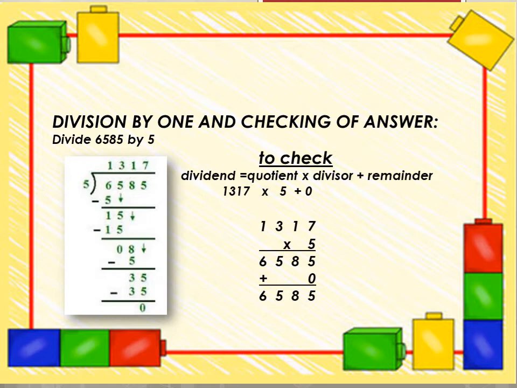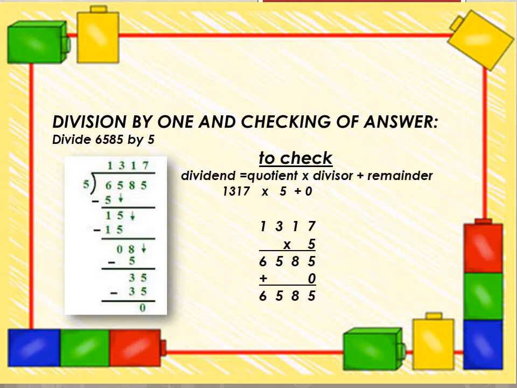During online classes, children, you have learned how to check the answer, how to get the dividend once again. To check whether we have done the division correctly or not, we will follow this formula: dividend is equal to quotient into divisor plus remainder.